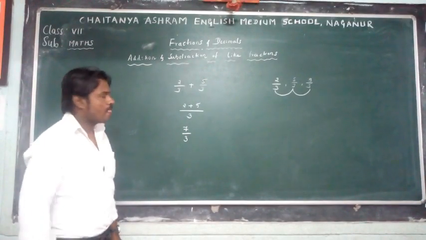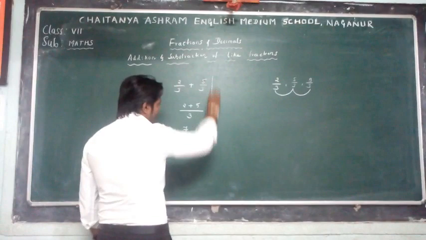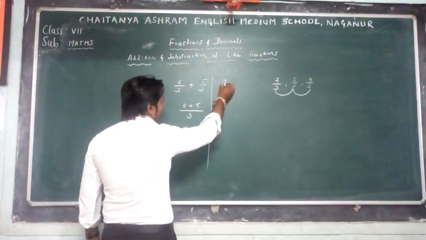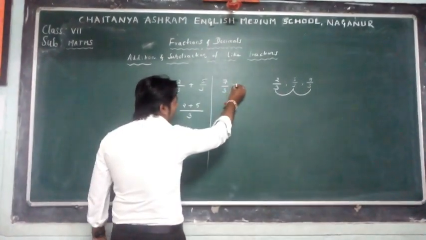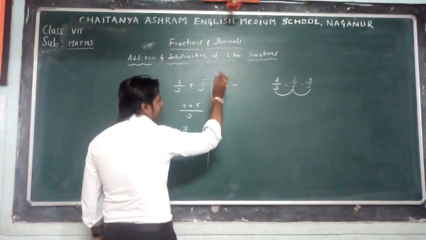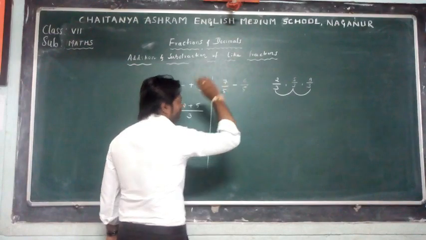In this way, we add or subtract like fractions. Consider another example, 7 by 5 minus 6 by 5.